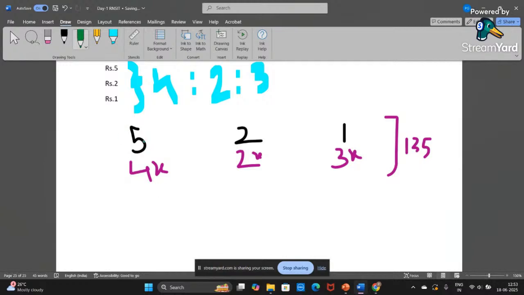So 5 into 4x, it is 20x, 2 into 2x, it is 4x, and 1 into 3x, it is 3x. So adding all this, the total rupees is 135.